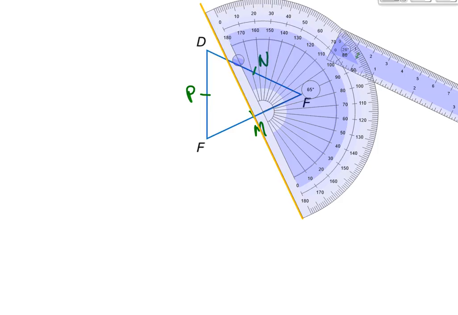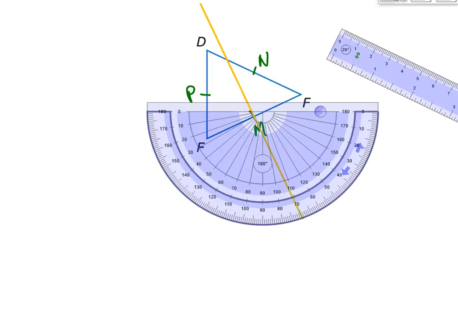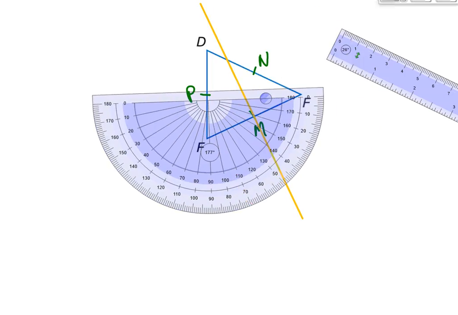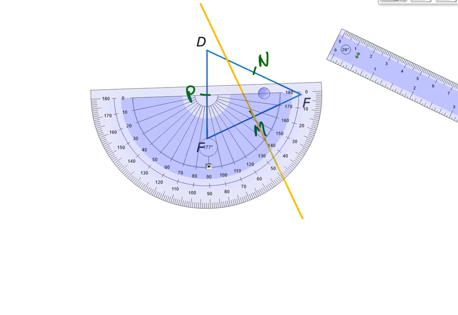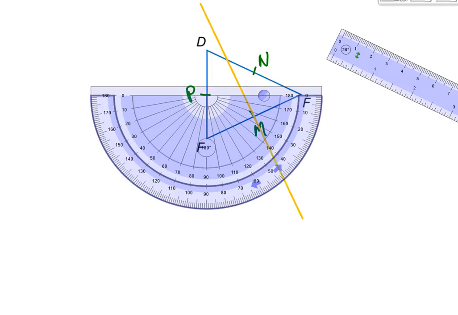If yours wasn't right on last time, try to be a little bit more careful as you go. Each one of these, I'll put at that hole and line it up for my 90 degrees.